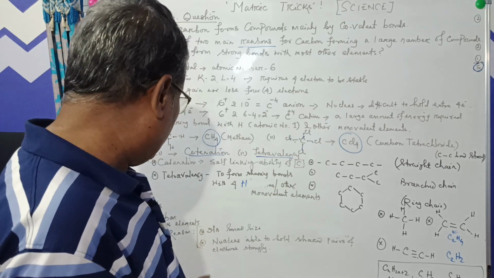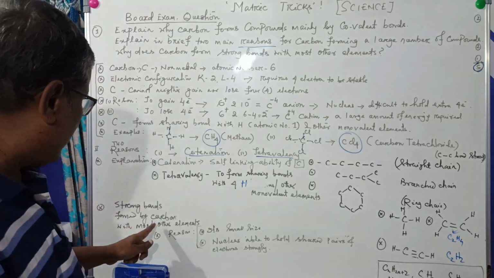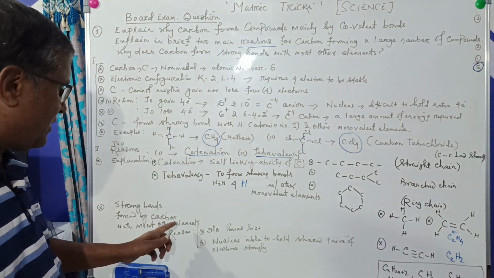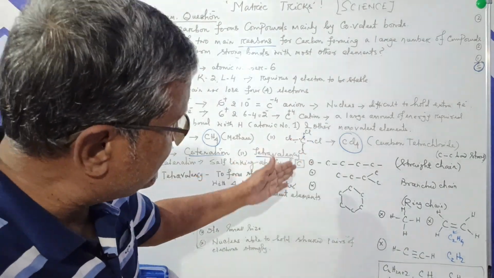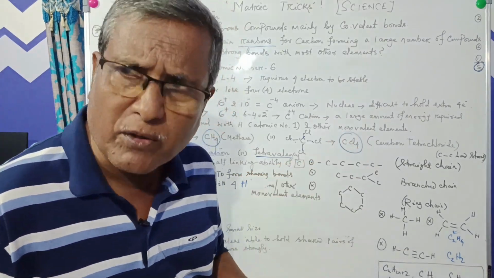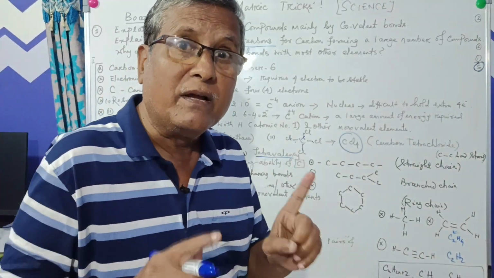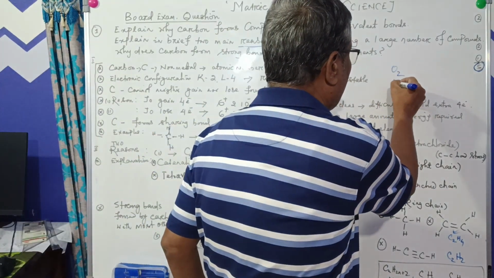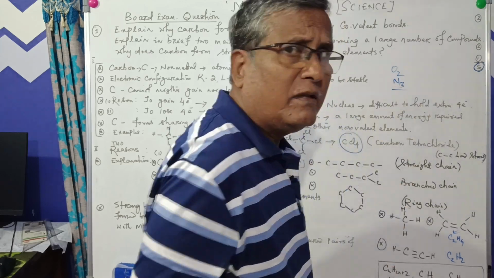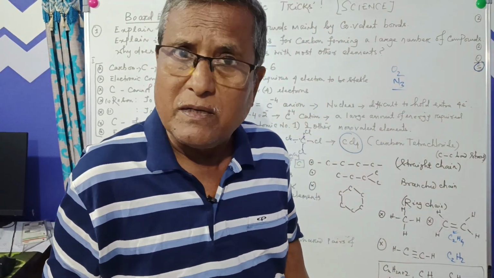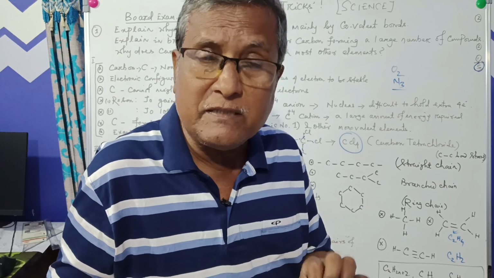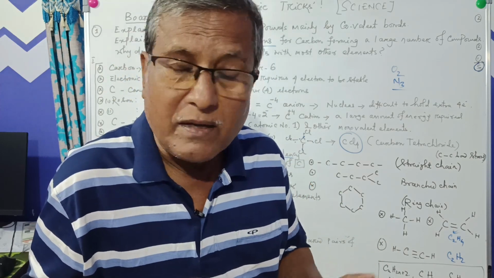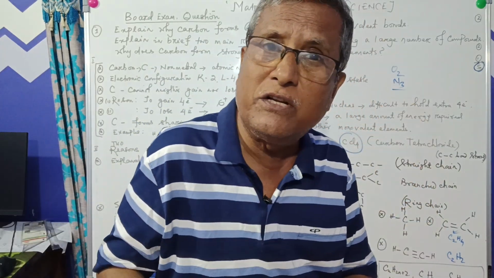Due to these two reasons, carbon forms strong bonds with other elements like hydrogen, chlorine, or bromine, maybe monovalent elements. But in the case of oxygen, O2, and nitrogen, N3, they also form bonds, but since their size is large, that bond is considerably weaker.